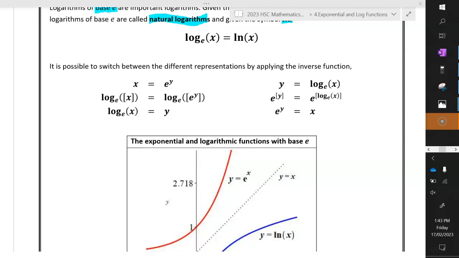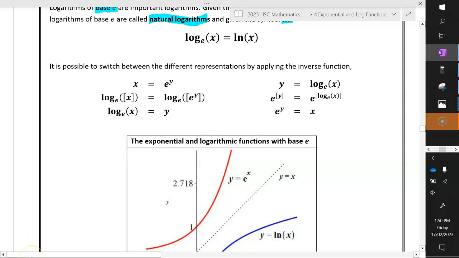If we've got y equals log e of x, how we write that as an exponential is, this is our base, we have e to the power of y is equal to x. And you need to know how to change between this function and this one here. If you remember that format, so the base to the power of the answer gives us the x, then you can change your way around logarithms and exponentials fairly easily.